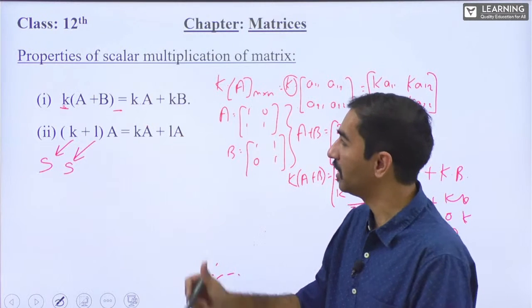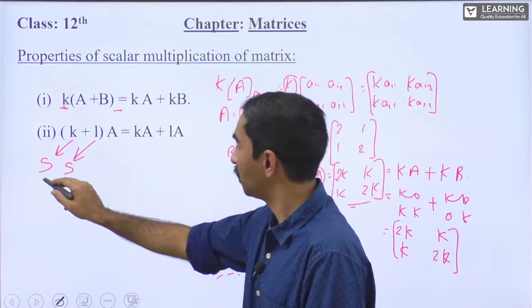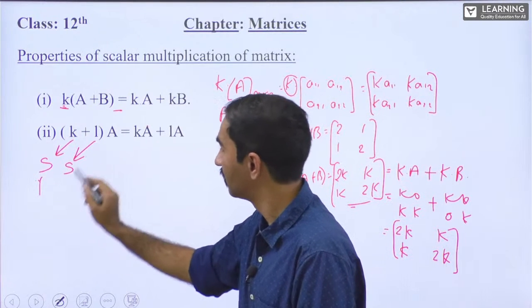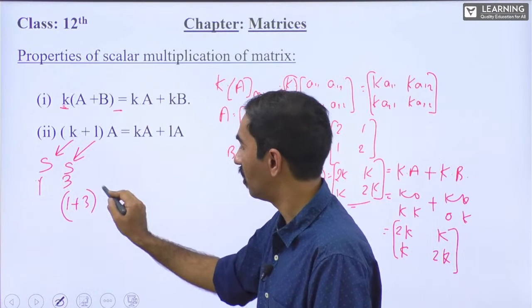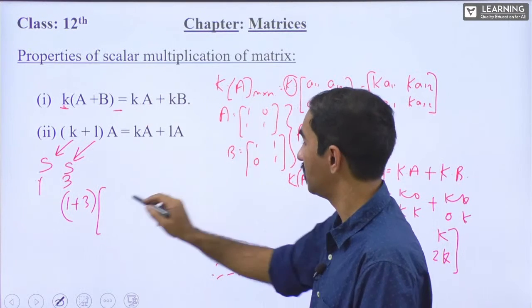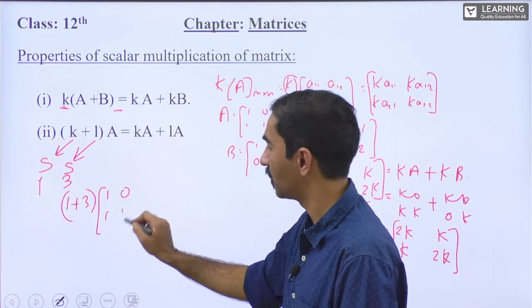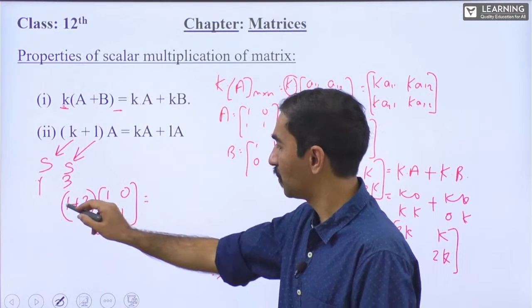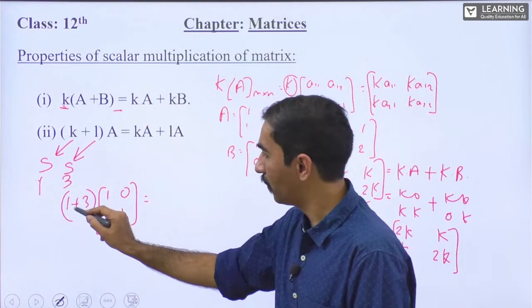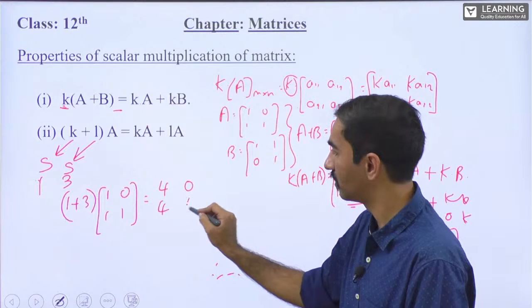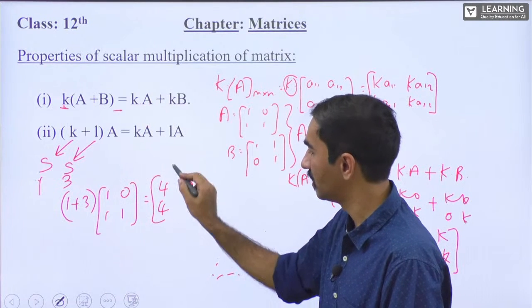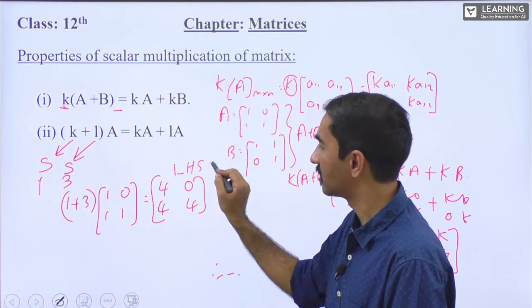Understanding? So again you can take an example. Let K be equal to 1 and L be equal to 3. So (1 + 3) of the matrix [1, 0; 1, 1] only we will consider. This is equal to what, students? This is becoming 4. The scalar 4 multiplied with this matrix will give [4, 0; 4, 4]. Correct? This is our LHS.